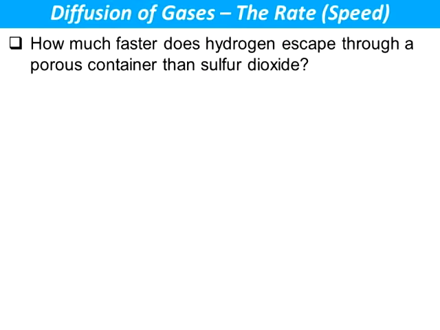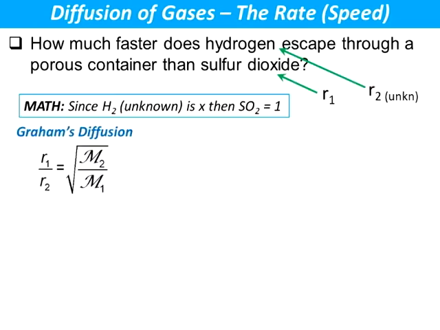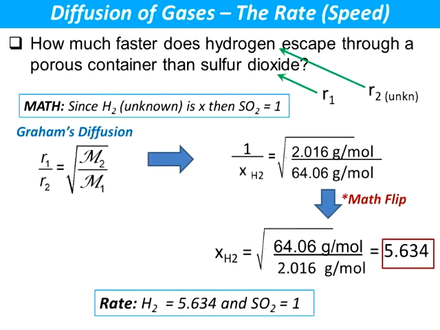Let's work another problem. How much faster does hydrogen escape through a porous container than sulfur dioxide? This is clearly a classical R1 over R2 equals square root of M2 over M1 Graham's law of diffusion, where hydrogen is our unknown and sulfur dioxide is our known.